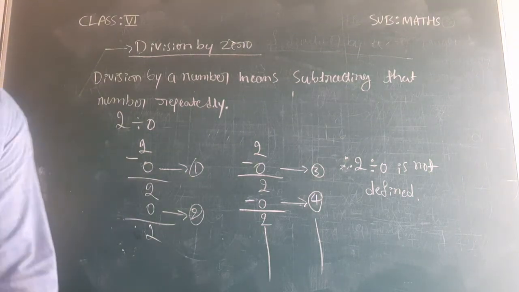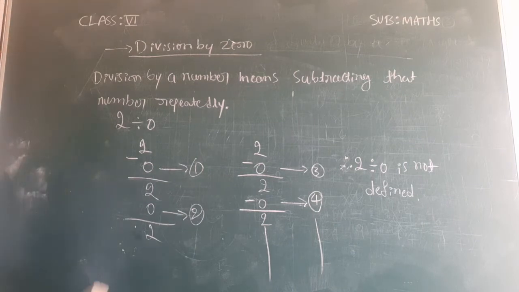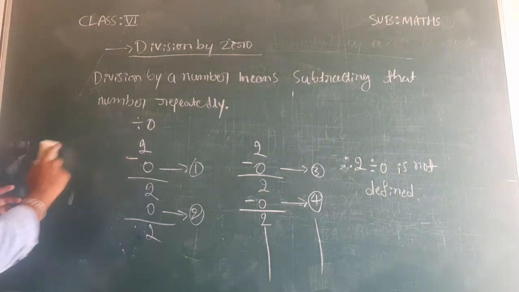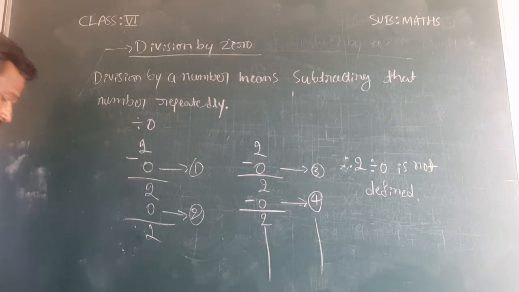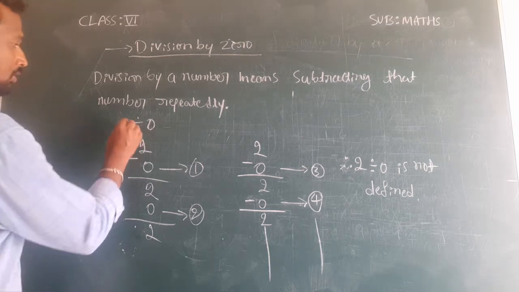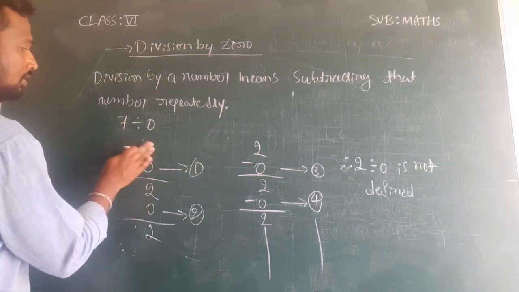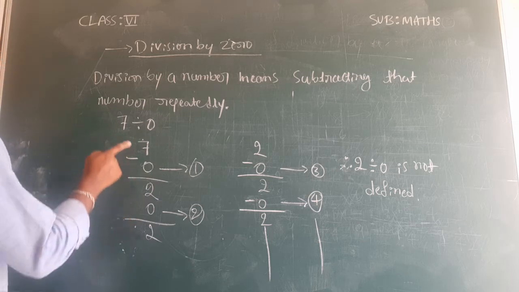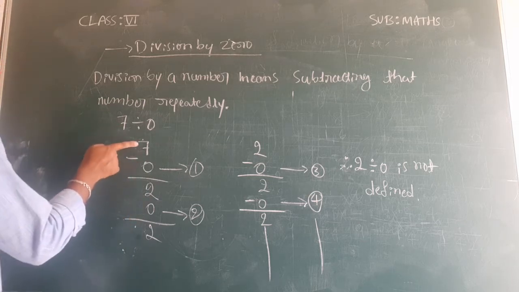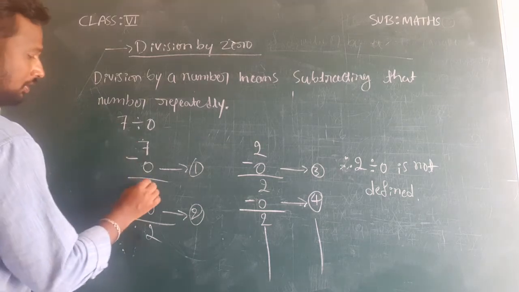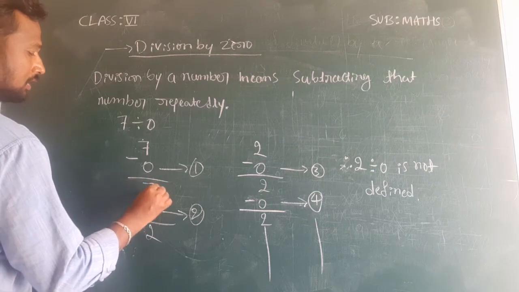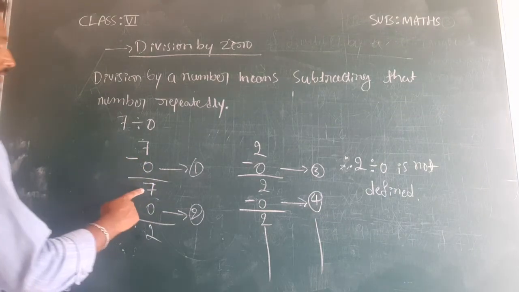7 divided by 0. I will just change this number; in place of 2, they have given 7. So 7 divided by 0 means you have to subtract 0 from this 7 repeatedly. 7 minus 0 means what you get? 7.